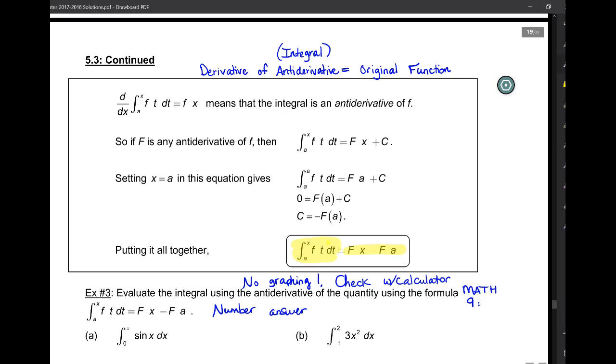Okay, so basically what we are going to do is integrate this function. So notice I used a lowercase f. Another way to think of this would be the antiderivative of the derivative. You get back your original function.